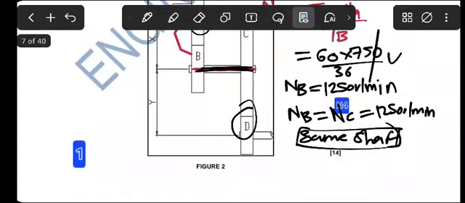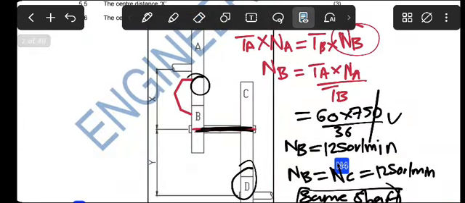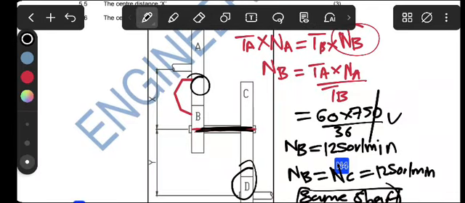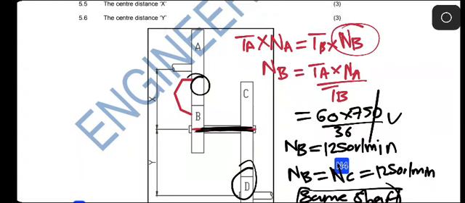Looking from this diagram, A is a driver, so we have the speed of the driver multiplied by the teeth of the driver, TA.